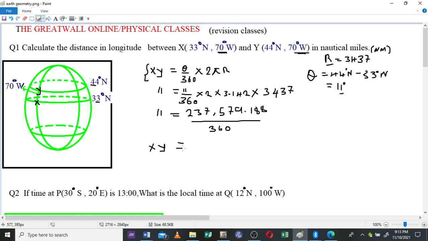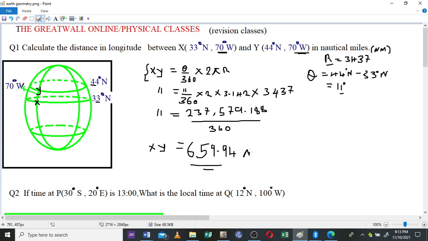Now according to the instruction, the final answer should have just 2 decimal places, right? So if we do that, our answer would just be that. So you write your answer according to the number of decimal places in the instructions.